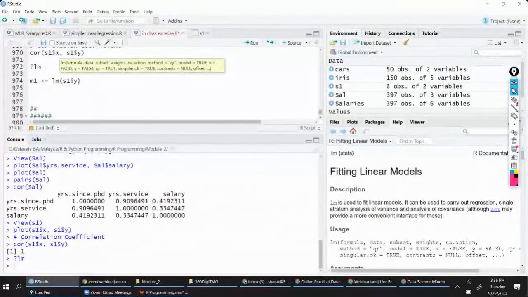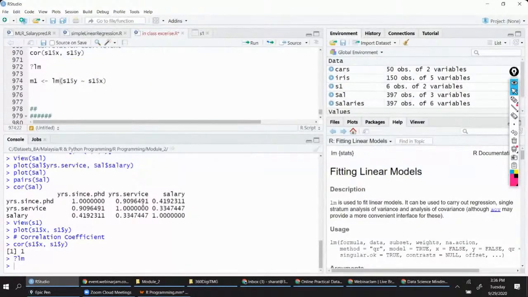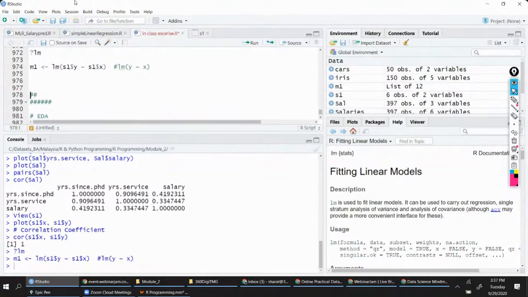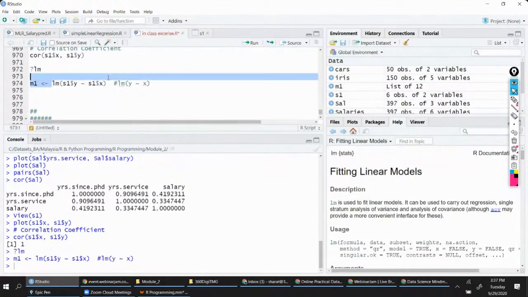We want to regress y on x. So the syntax is lm y tilde x. That's exactly what we have done. And we are saving the data obtained by this calculation into a variable called M1, model 1.